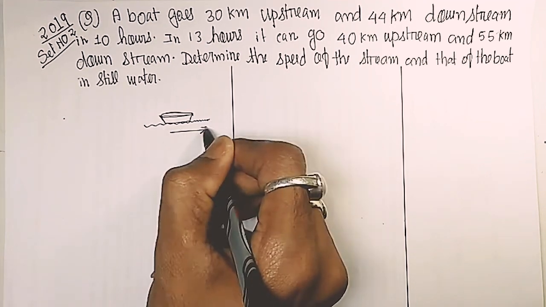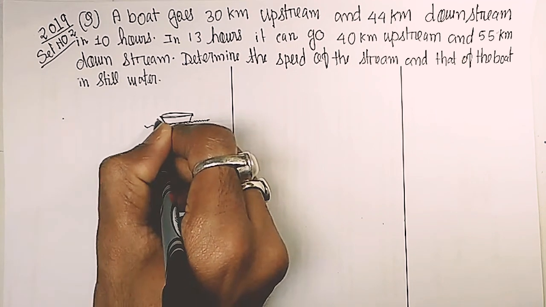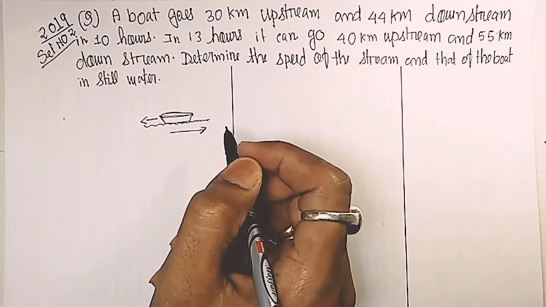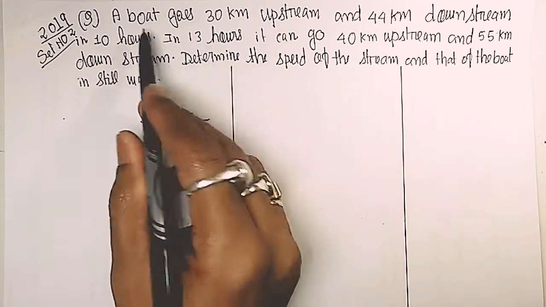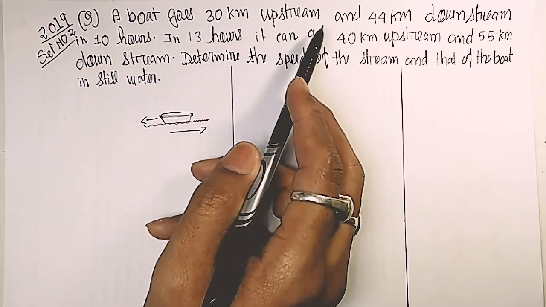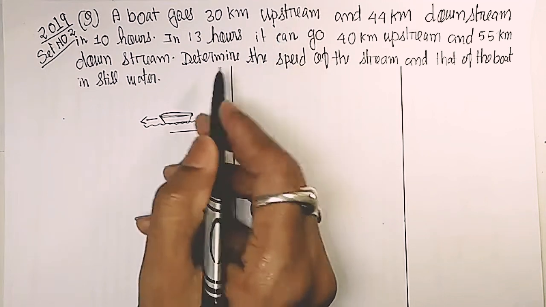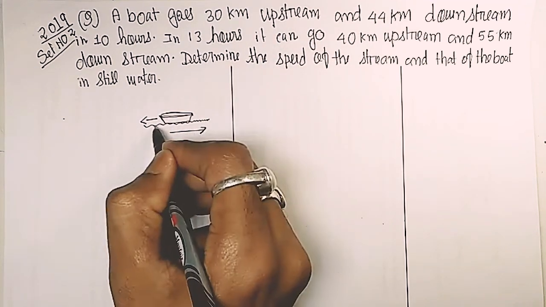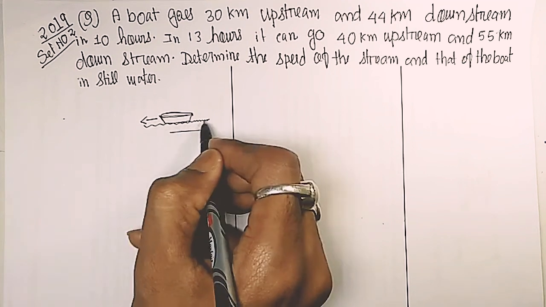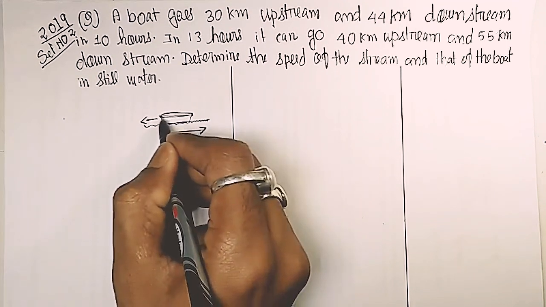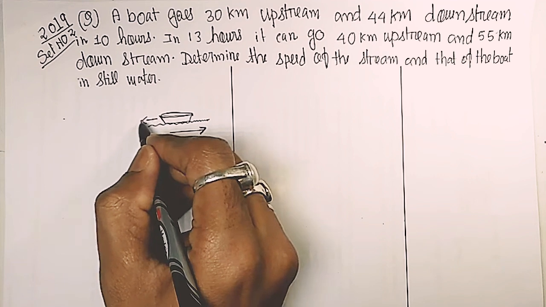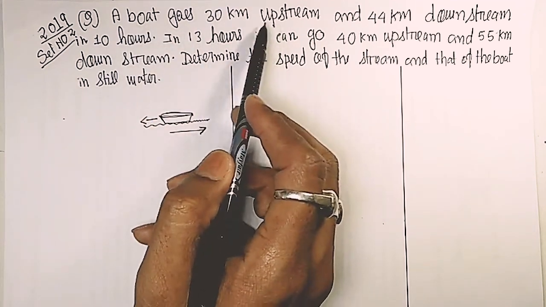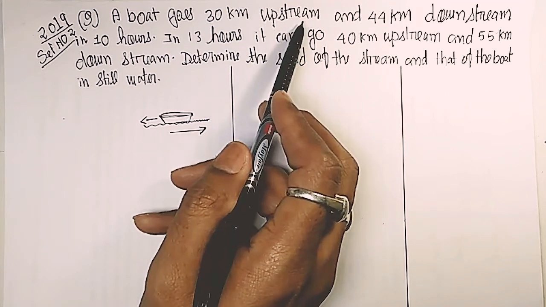Suppose the flow is moving in this direction and the boat is moving in the opposite direction. That time we can say that the boat goes upstream. So upstream means it will move against the current. Suppose the current is going in this direction and the boat is going in the opposite direction, so we can say that the boat is moving upstream.